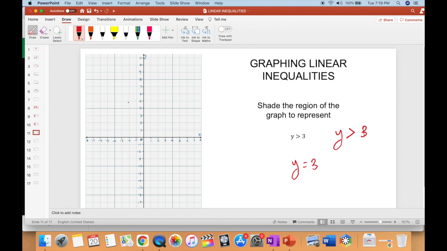So y is equal to 3 will be here, and I will use a dotted line to draw y is equal to 3. Now with the inequality y is greater than 3, obviously in this upper region, 4, 5, 6, 7, that is where y is greater than 3, so I will have to shade that portion of the graph.